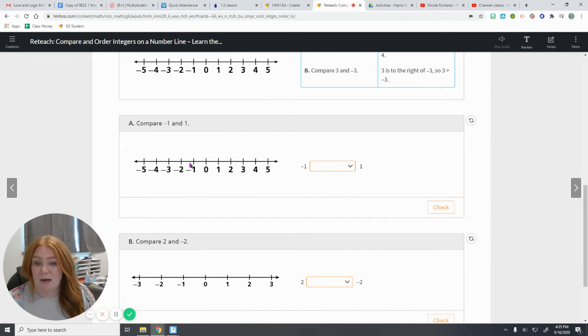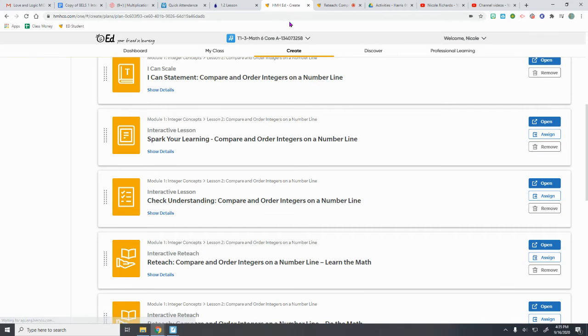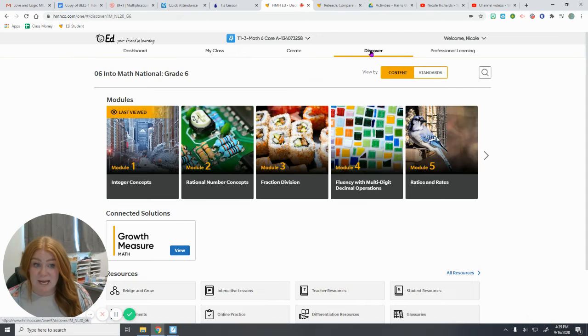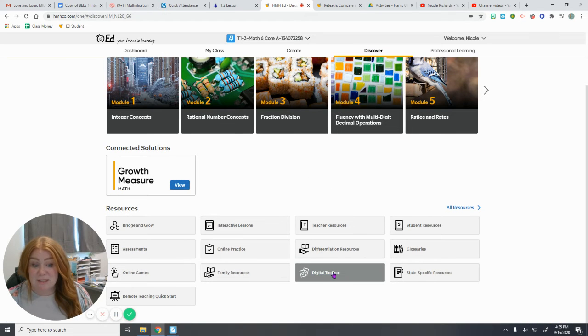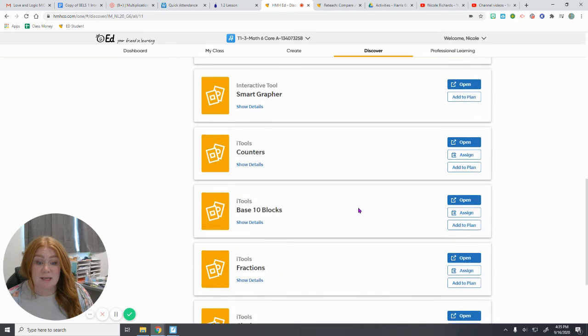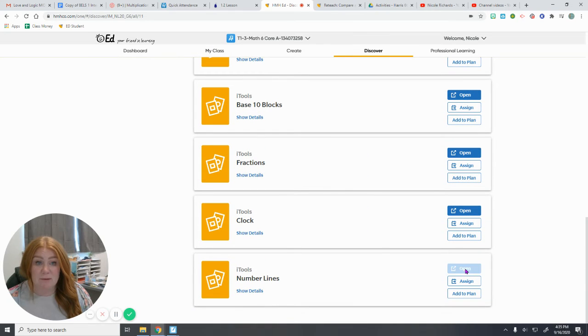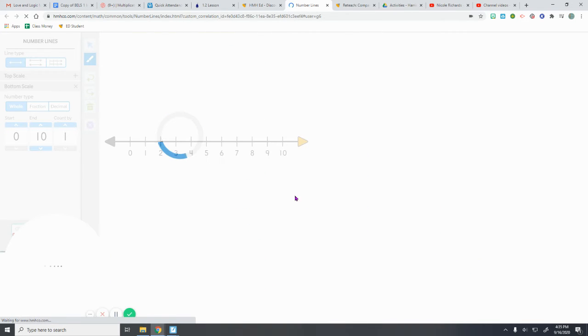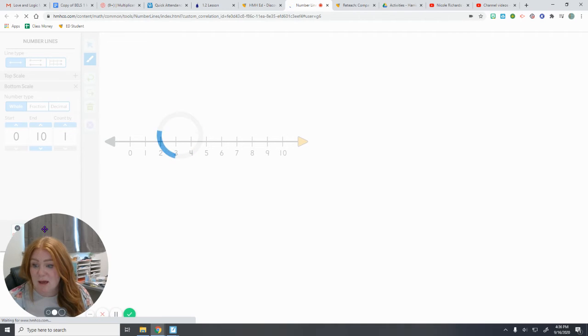So we're going to compare -1 and 1. If you need to, draw yourself this number line, or you can come into your Ed tab and go to your Discover tab, come to your digital toolbox. If you scroll all the way down, we also have a number line here.